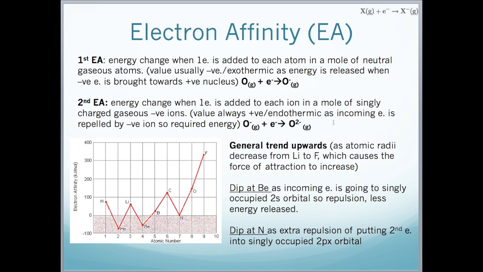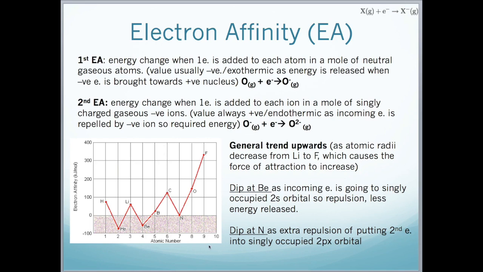You can also look at the variation of the first electron affinities of the elements, lithium to fluorine. So the electron is added to the outer orbit of the atom, and as an electron is negatively charged and is being brought towards a positive nucleus, energy is released. So the general trend is upwards because the atomic radii decrease from lithium to fluorine, which causes the force of attraction to increase.